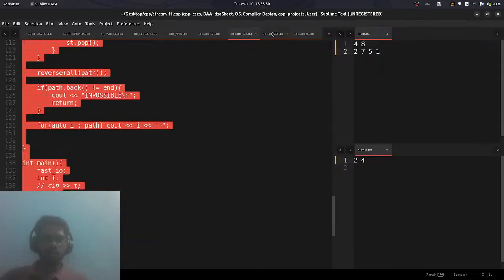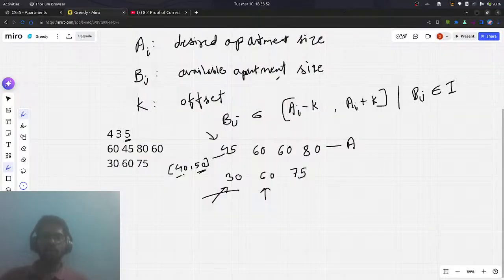Maybe I'll try with that. So by doing that, we will solve the problem. Here you see that 60 is greater than 50, so we will move ahead.